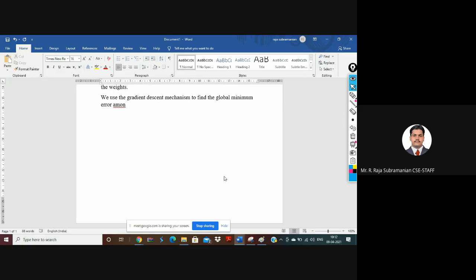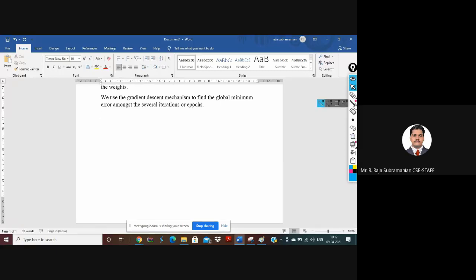Across several epochs I can repeat the same step again and again. In whichever epoch I get the lowest error, or the maximum accuracy that I expect, I can stop. So we find the global minimum error amongst the several iterations or epochs. This is what we are going to see.